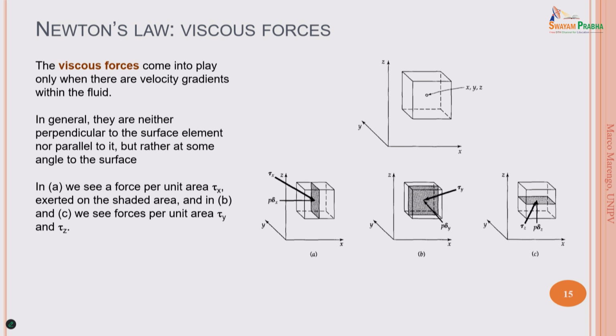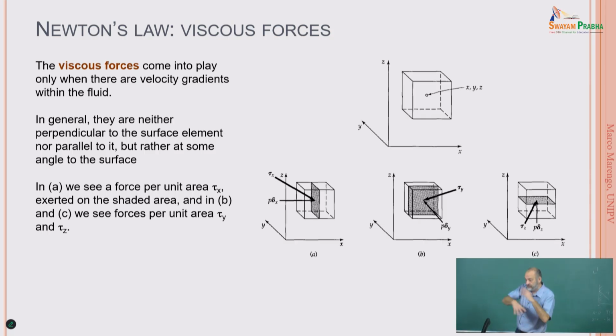So the viscous force, we said that we are entering in this game when we have a motion. The point is that the shear forces, in general, don't have a specific direction like the pressure that was normal to the surface. They may go in different directions because the motion can be in different directions. The motion of the fluid inside this volume can have Vx, Vy, and Vz components, so it can be in all the possible directions.